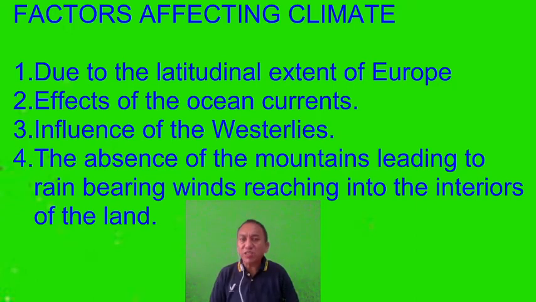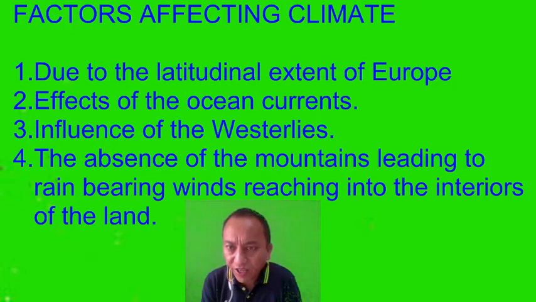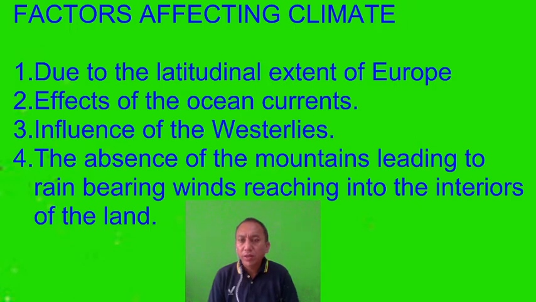The second factor which affects the climate of Europe is the effect of the ocean currents. Now ocean currents also play a very important role. How? For instance, if a warm ocean current passes through the coastal areas of a particular region of Europe, the temperature there will slightly increase, because the water is warmer, the air above the water is warm, and therefore the temperature of that region also will be slightly higher.